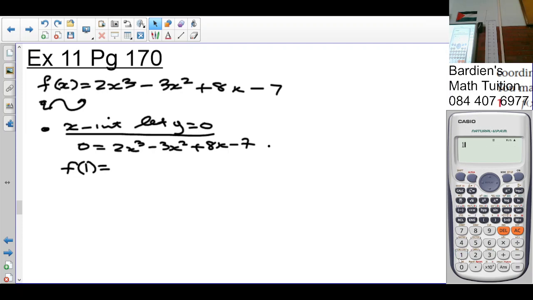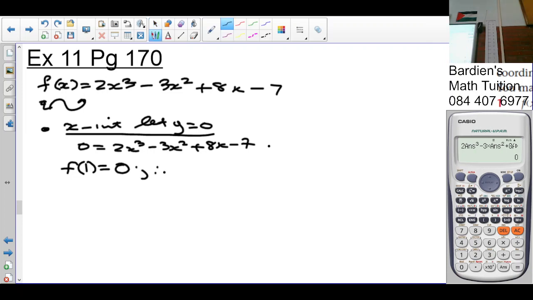Because in case 1 doesn't work, I can just put something else there. Which is 2 minus 3 times 1 squared plus 8 times 1 minus 7. 0. Okay, so I didn't even have to put the answer there.